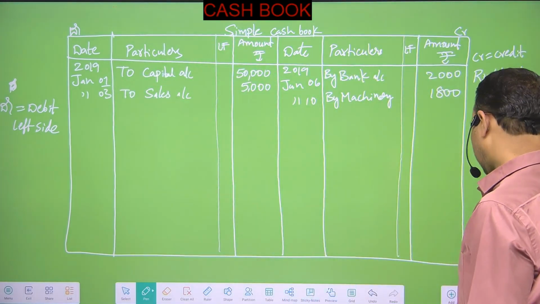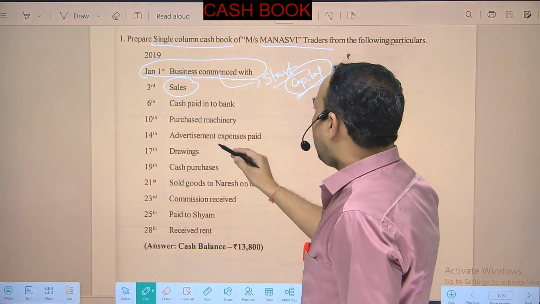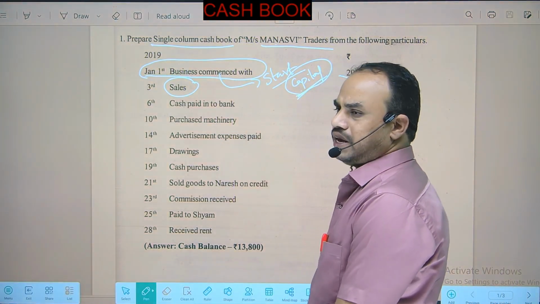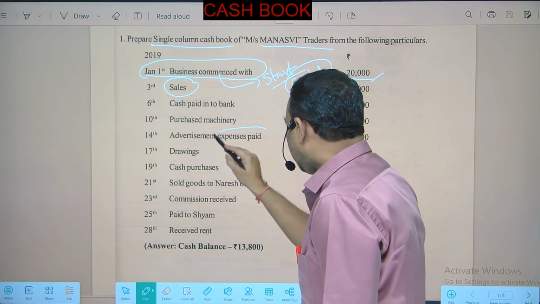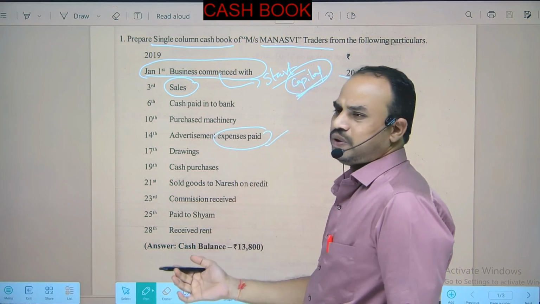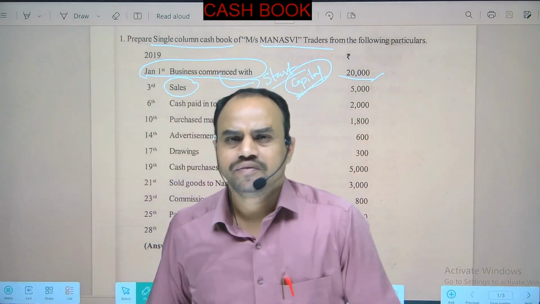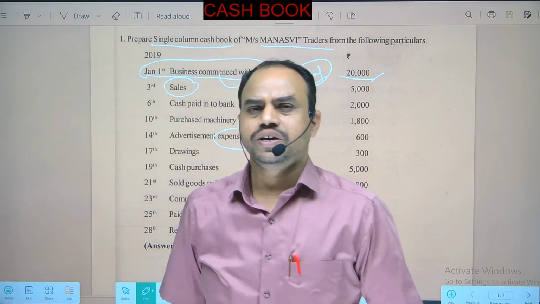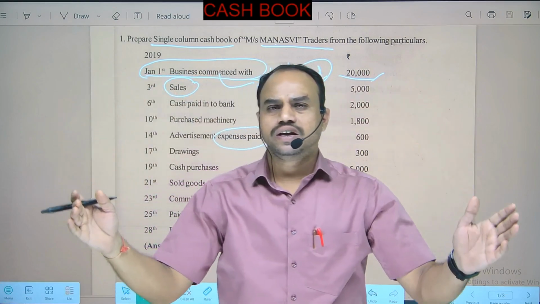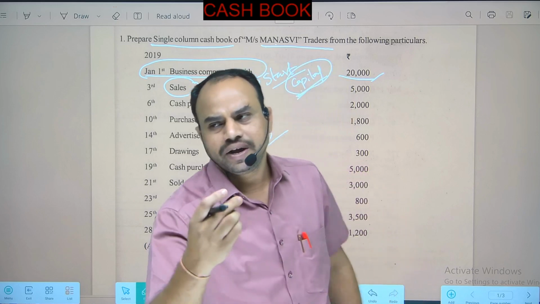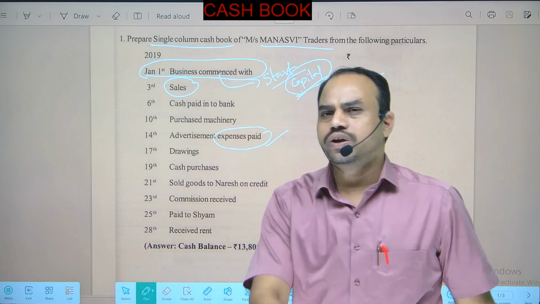Now see the next transaction. Advertisement expenses paid. Here the question clearly says expenses paid. That means we gave one advertisement in a news channel, and in return we paid cash. That means cash is going from the business.